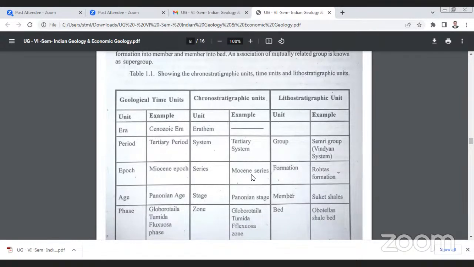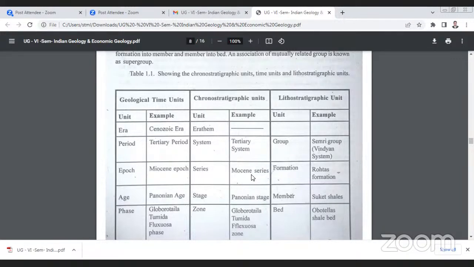Here you can see the geological time units, the chronostratigraphic units, and third, the correlation of lithostratigraphic units. In the geological time scale, the unit is known as an era, whereas in chronostratigraphic units we see erathem. Next is the period.